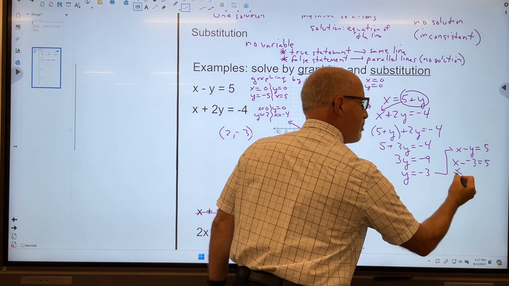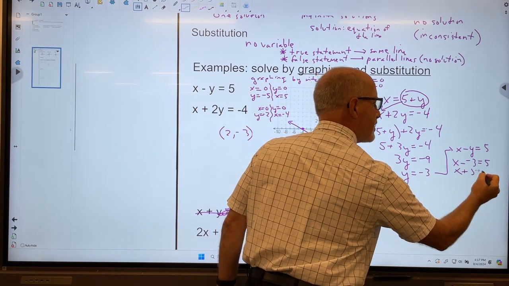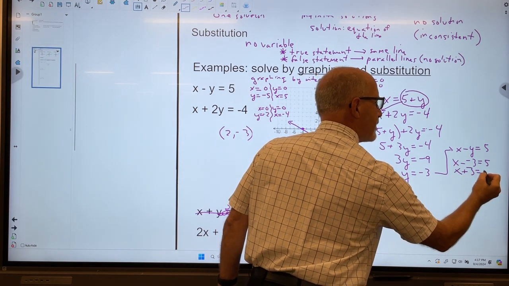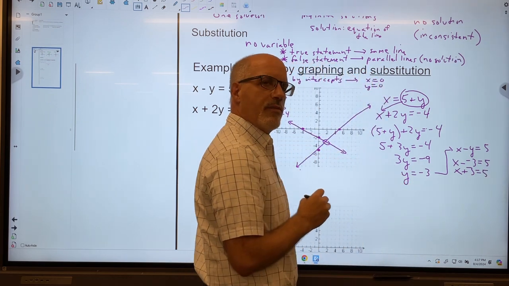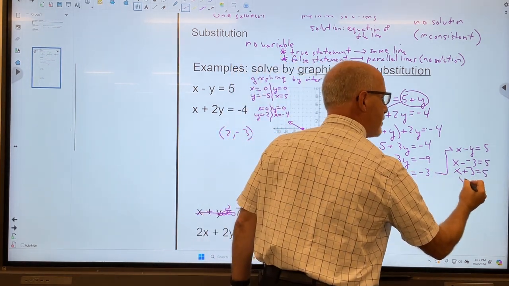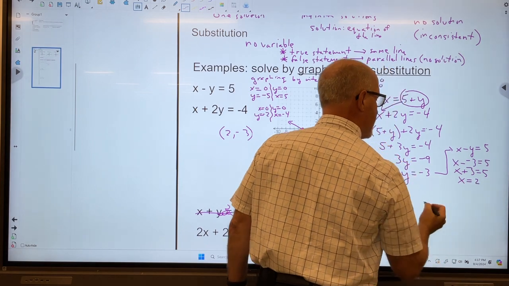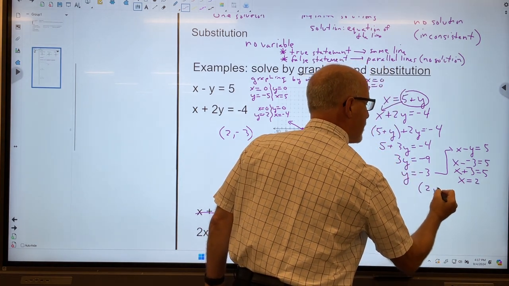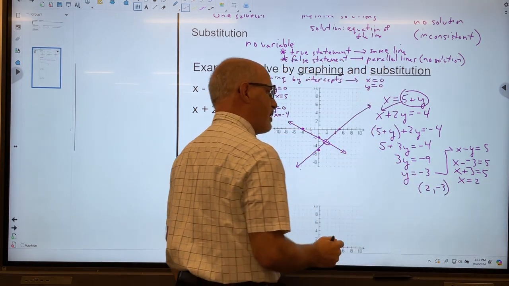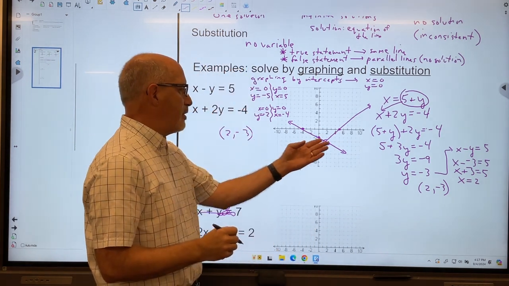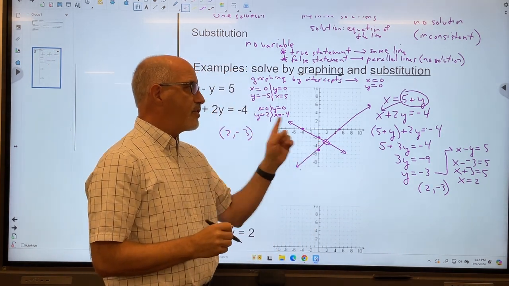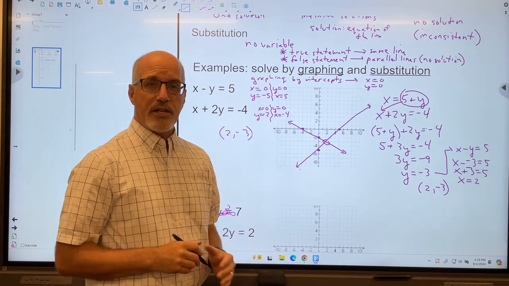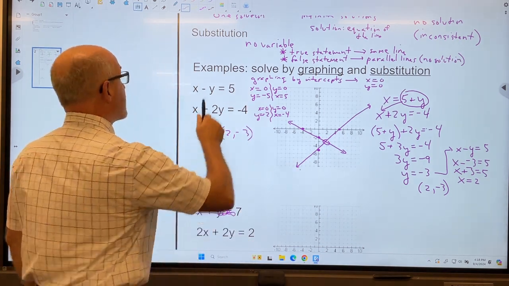Minus the negative ends up being plus. Subtract 3 from both sides and you get x equals 2. So my ordered pair is (2, -3) for a solution. You can test it back in these two, but notice my answers for substitution and graphing match. Let's go ahead and do the next one.